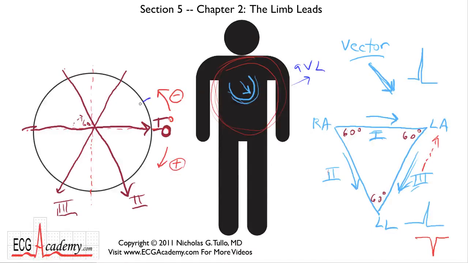And so what you get is this kind of an angle, with the head of the vector heading this way. So this is AVL, and likewise AVR is drawn 30 degrees above the horizontal in this direction, pointing towards the right arm. So this is AVR, and then of course AVF would have to go right down the middle.